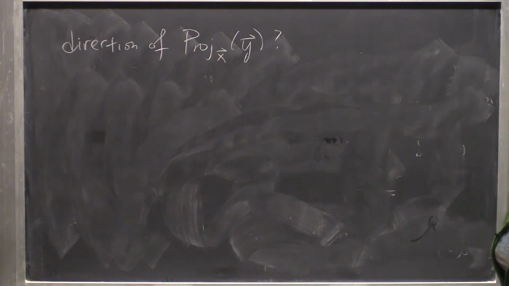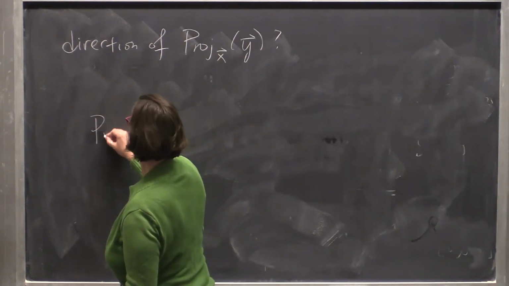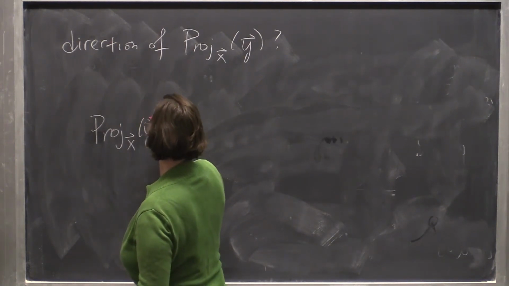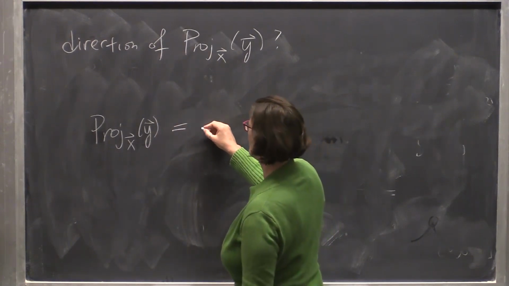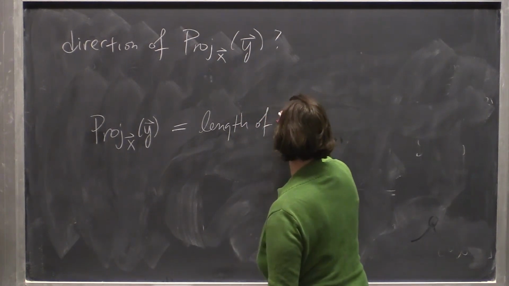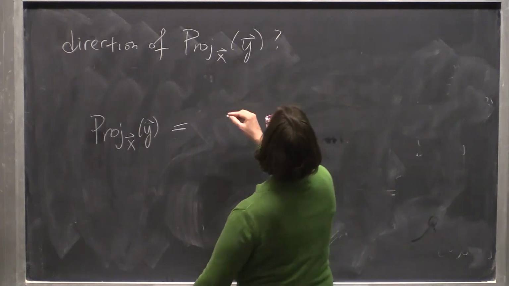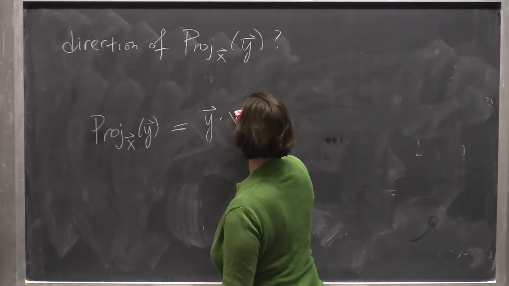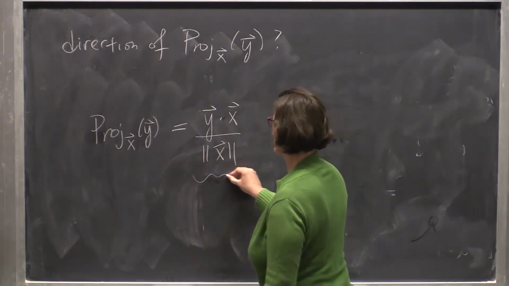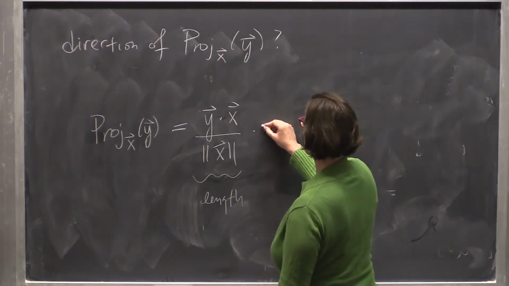Here I have to be careful. Ultimately, I'm going to say that the projection onto x of y is equal to the length, which was y dot x over the length of x, times some vector.